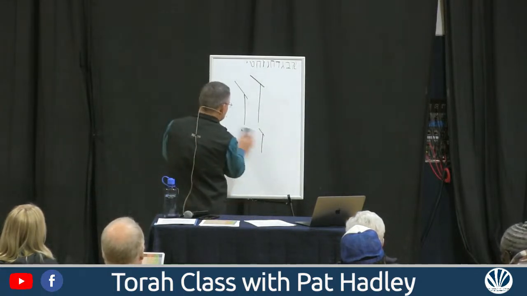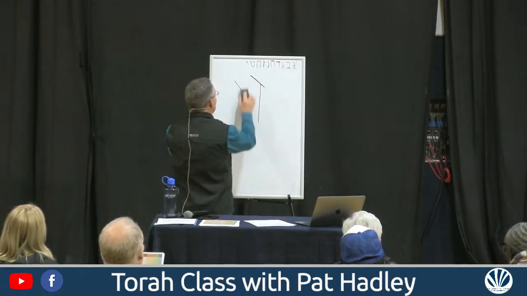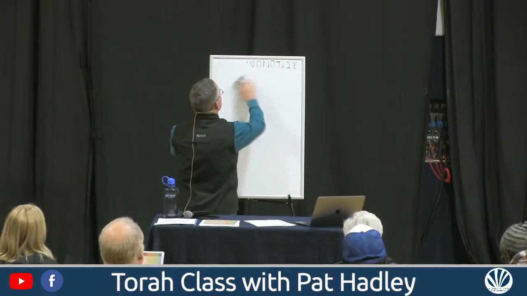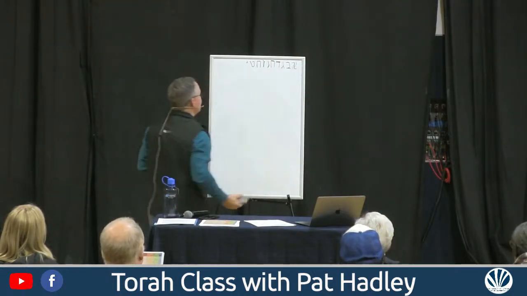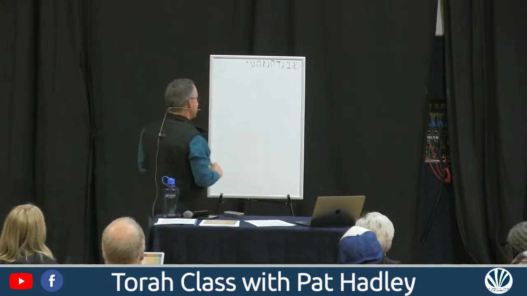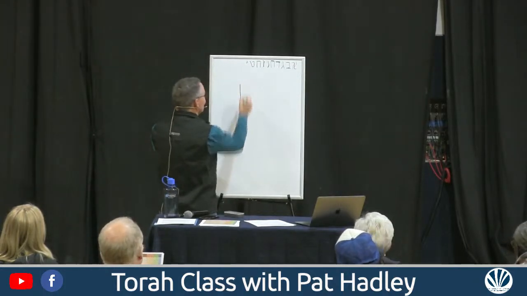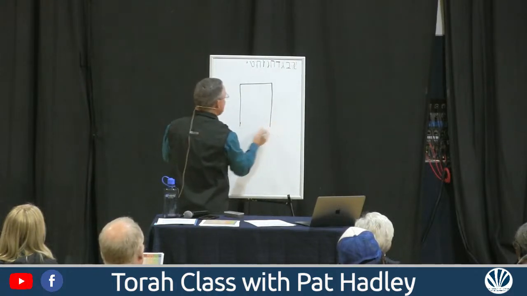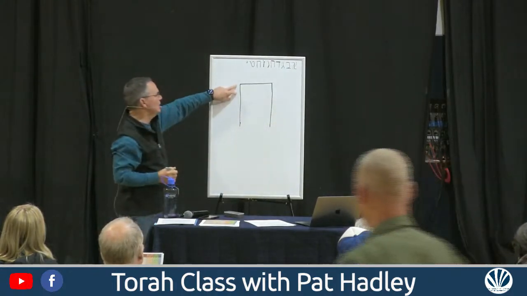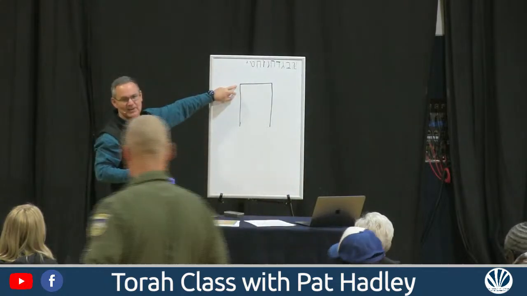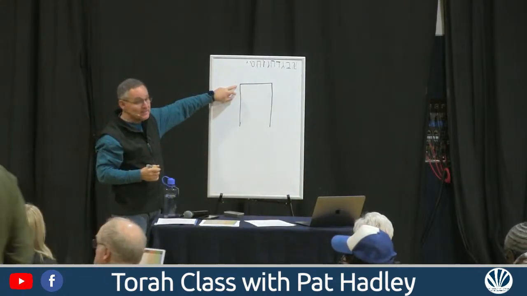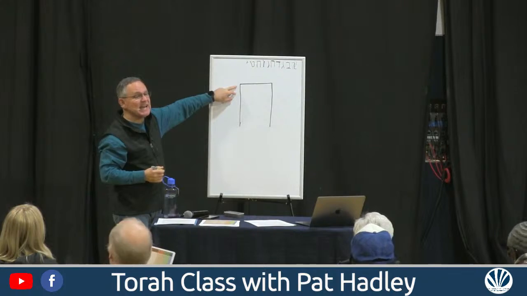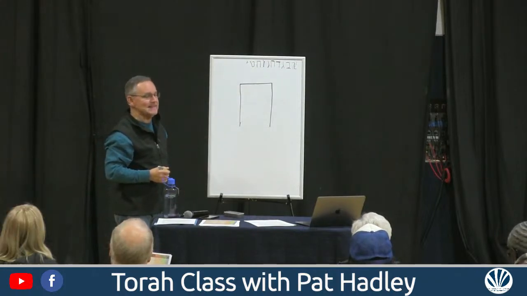So, new letters that you learned tonight are Vav and Zayin. The next letter looks a lot like the hey, but this is closed. And the name of this letter is chet. Okay? Chet.